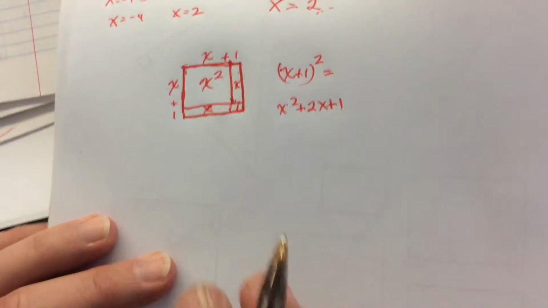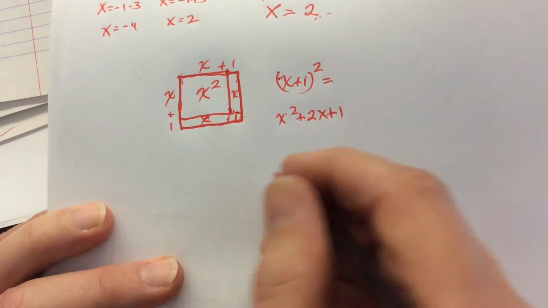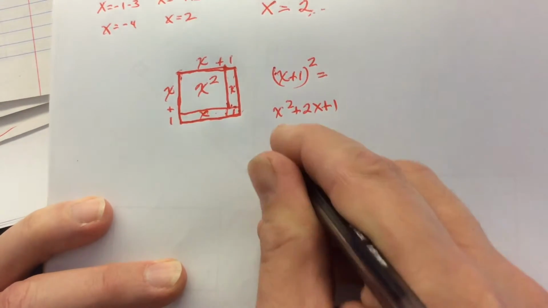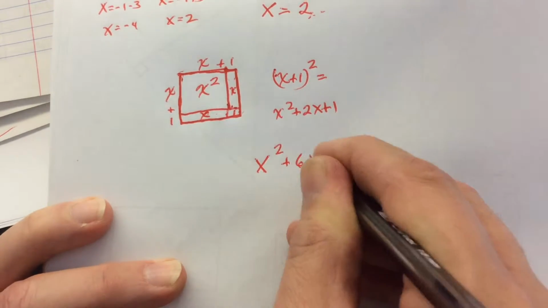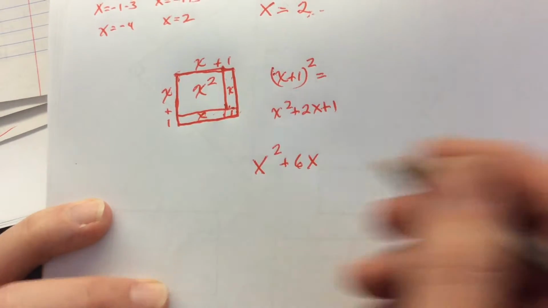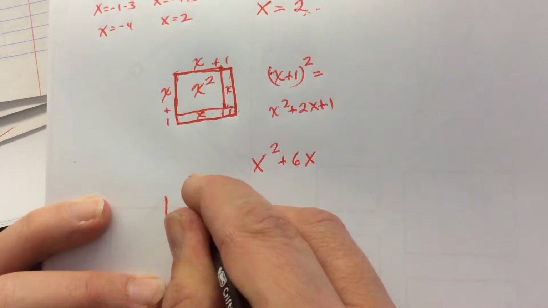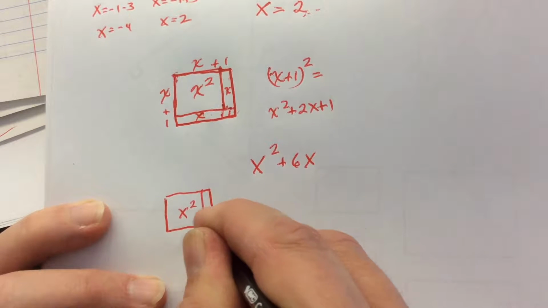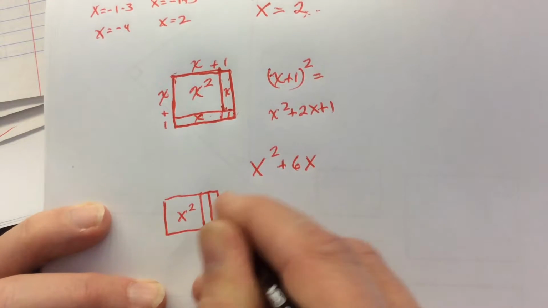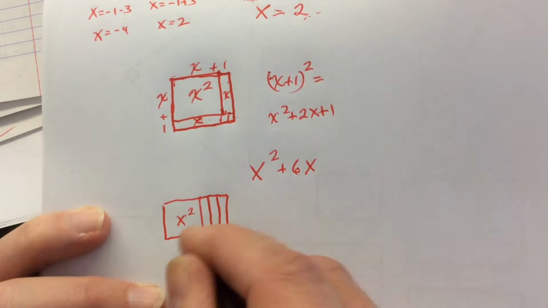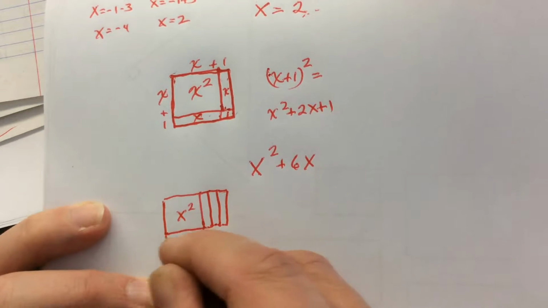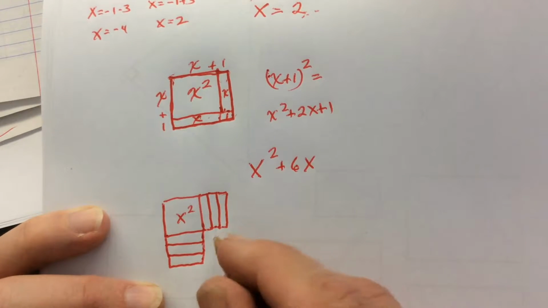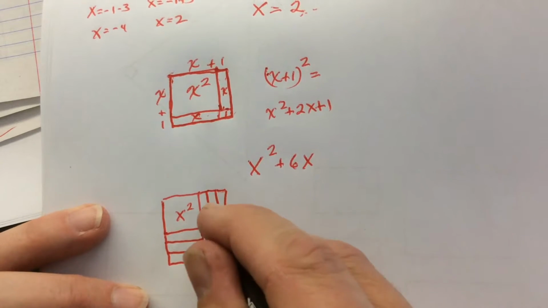Now, if you'll remember, we also did something called completing the square. If I had something like x squared plus 6x, that looks like this. Here's an x squared, and then I have 6 x's, and if I put 3 of them over here, and 3 of them over here, how many ones do I need to complete this?